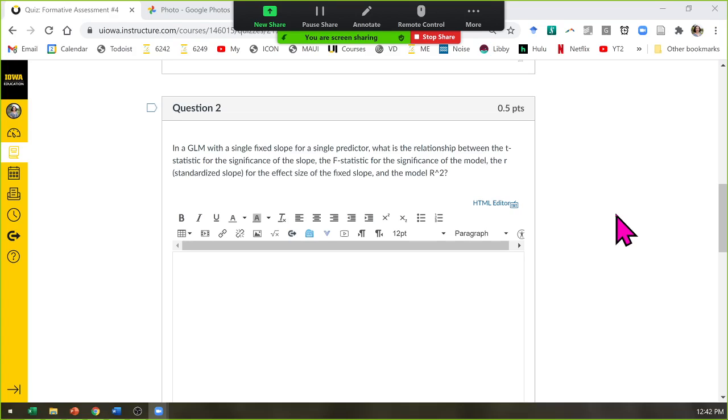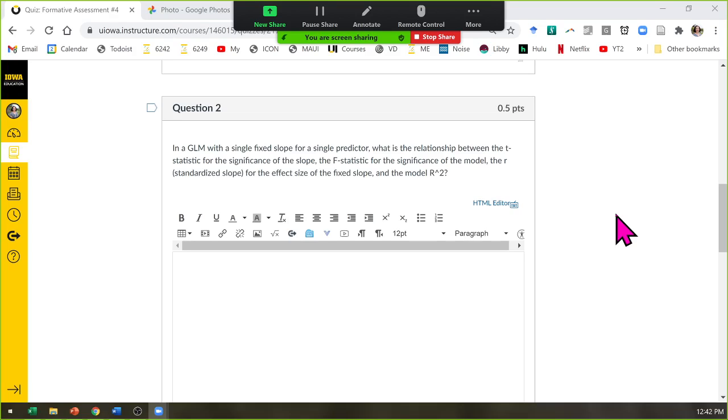So the only situations in which we need to pay attention to F and R squared as giving us new information is when there's two or more slopes. Then F and R squared give us a test and effect size, respectively, as to how those slopes work together to create a predicted outcome that is correlated with the real one.